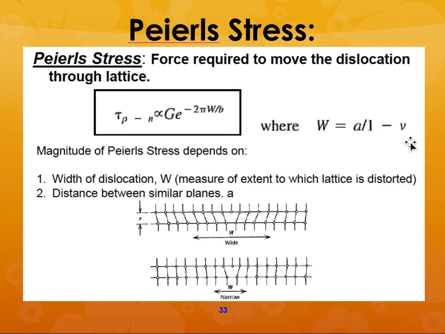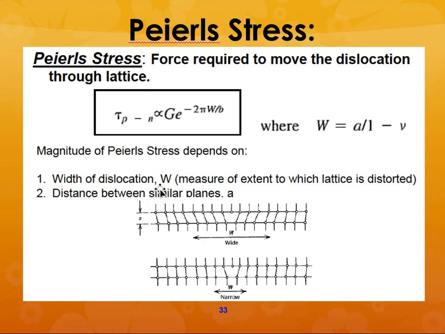Here nu is the Poisson's ratio of the material, and b is the Burgers vector of the dislocation, which you can get from handbooks, and even in your textbook you should find them for different types of materials.